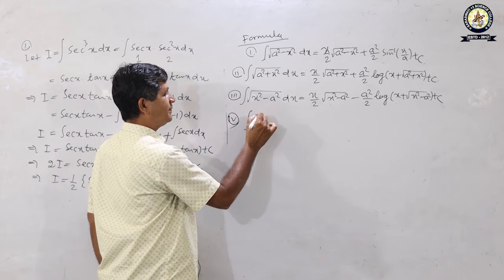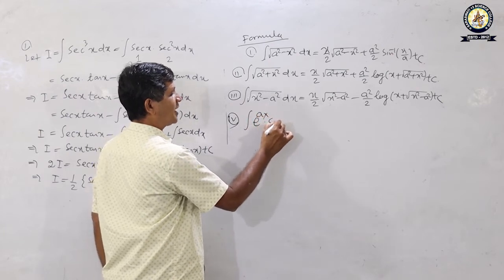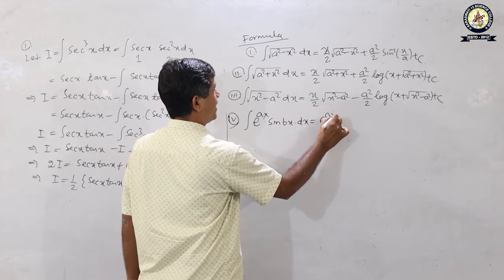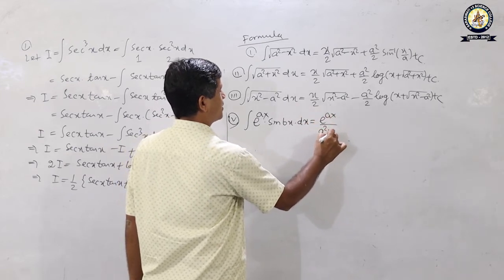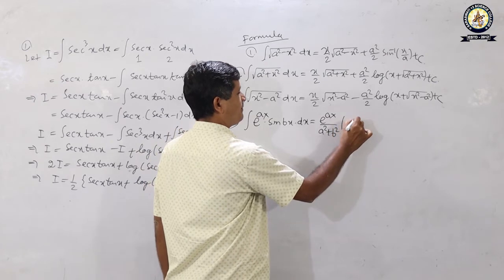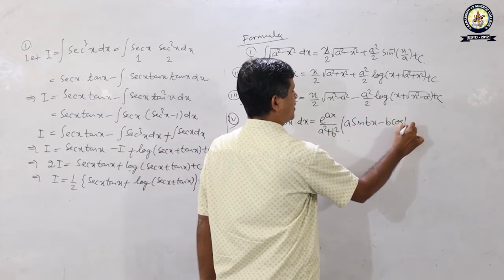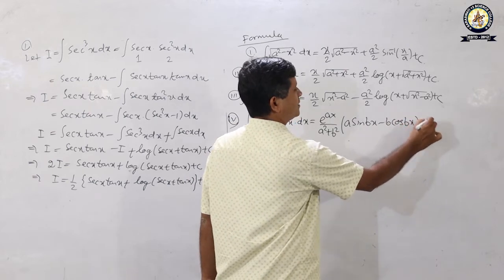Come to the fourth formula: integration of e to the power x sine bx dx equals e to the power x by a square plus b square into (a sine bx minus b cos bx), plus c.